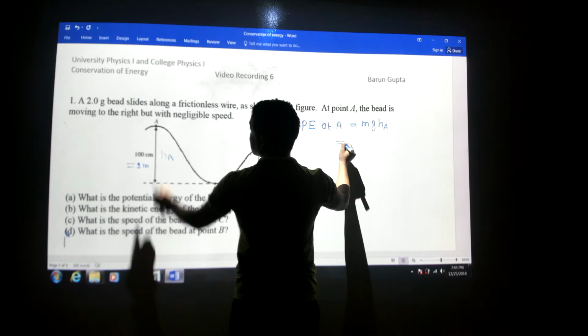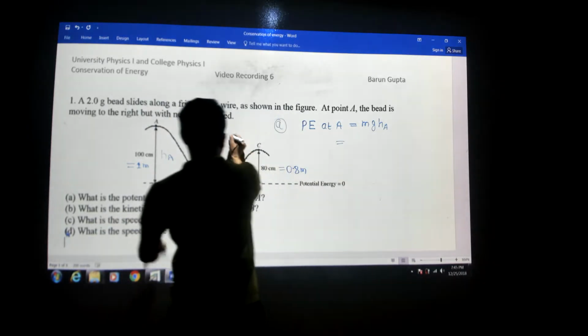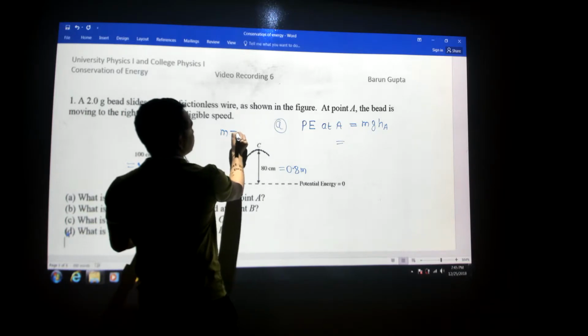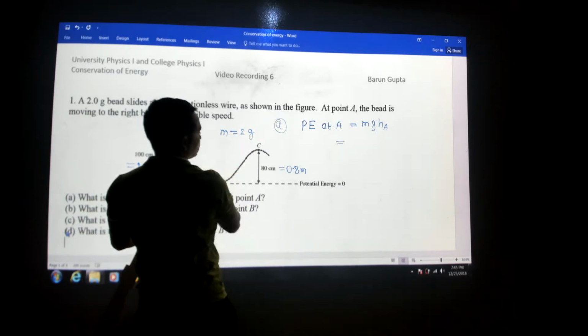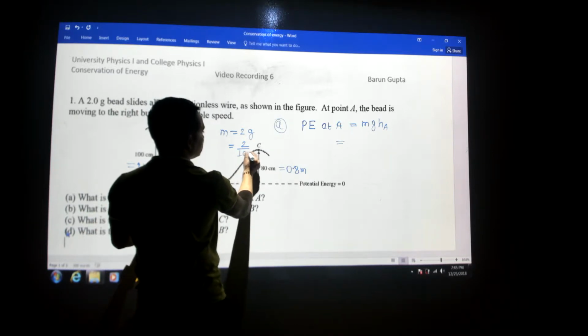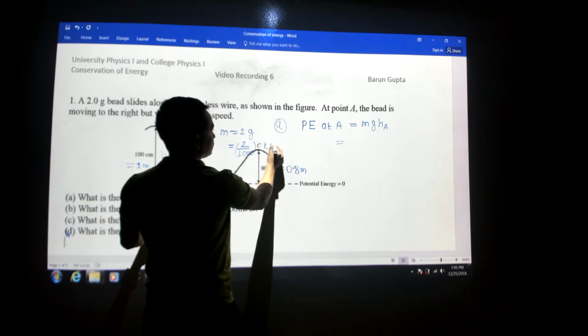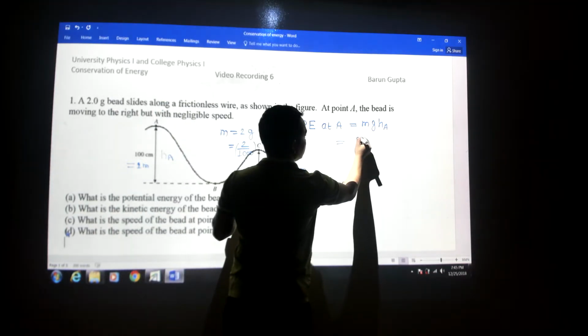The mass, what is the mass? This is 2 gram. You have to change this into kilogram. How do you do that? 2 divided by 1000 is kilogram. So the mass is 2 over 1000.